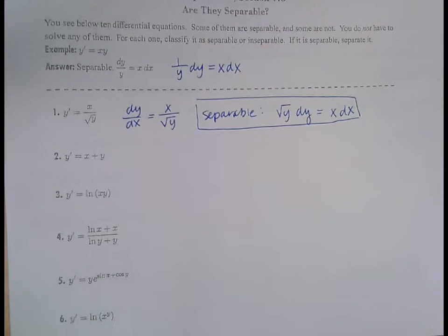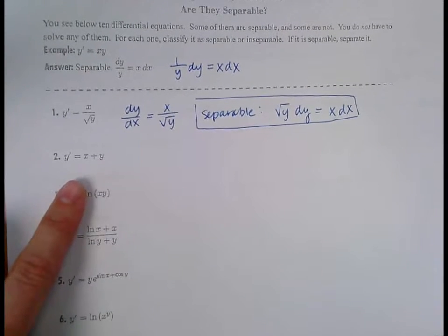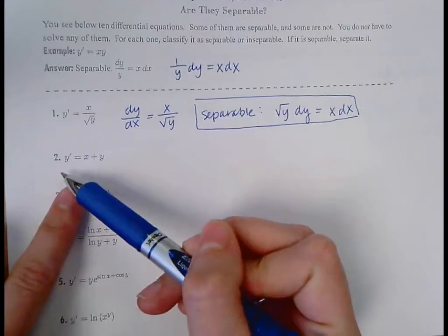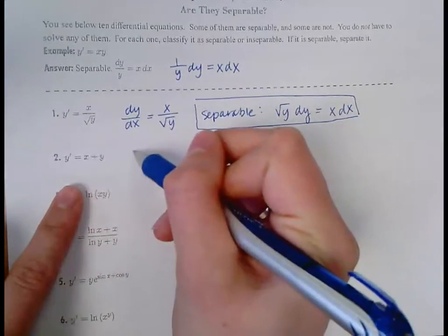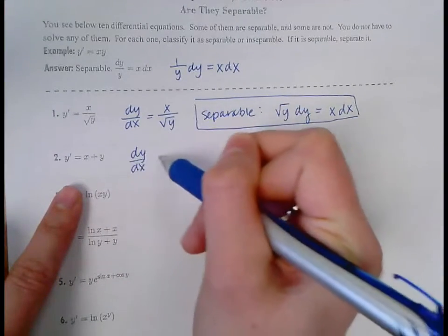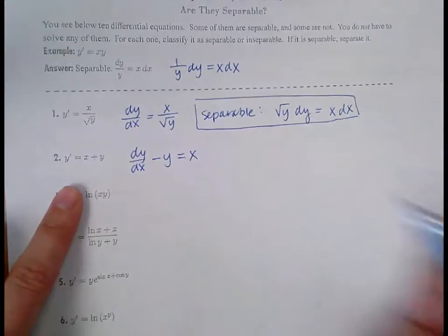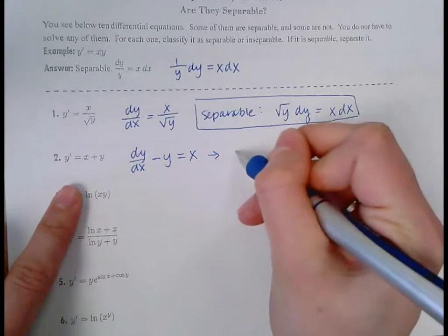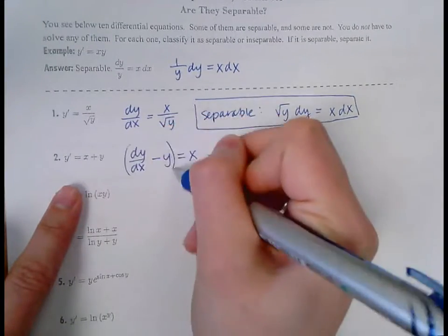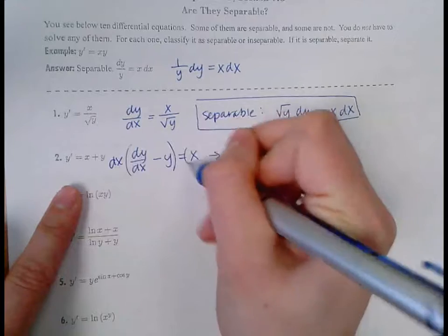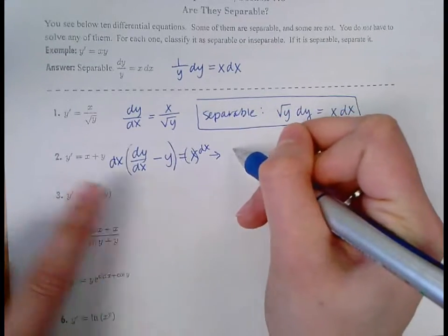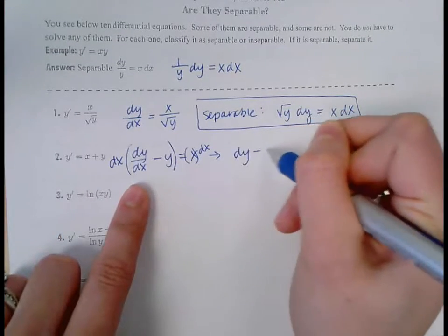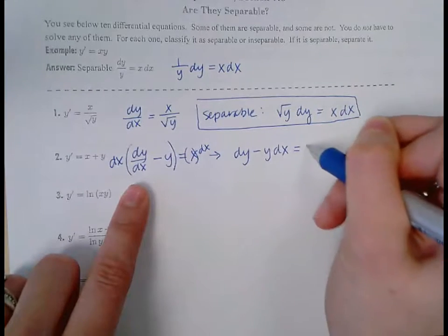Yes, we could subtract, but I want you to see what that would look like. If we subtracted y from each side, then the left side would be dy dx minus y equals x. Now if we multiply by dx, we'd have to multiply this entire thing by dx. So you would have dy minus y dx equals x dx.